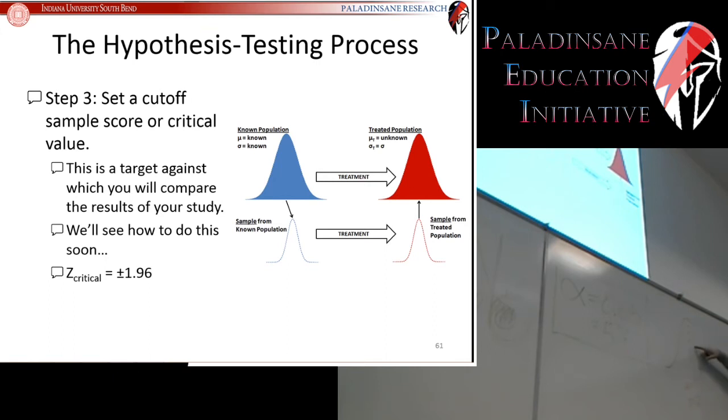We don't have an appendix where this exists, right? What we do have is we have an appendix of z-scores. So what we're going to do is we're going to take this entire distribution and we are going to transform it into a z-score distribution. And what that does is it takes this distribution and it changes it so that it has a mean of 0 and a standard deviation equal to 1.